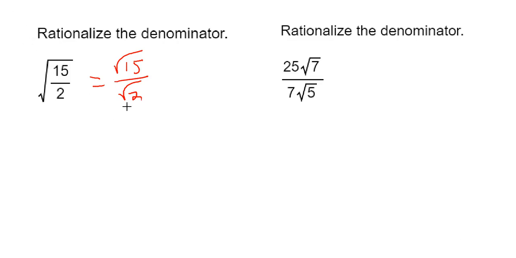What we just learned in the previous section, 6.4, it's a shortcut that I told you guys about, is that when a square root gets multiplied to itself, the square root goes away. And that's exactly what we want to have happen here. So what we'll do to get rid of this square root on the 2 is to multiply by another square root of 2.